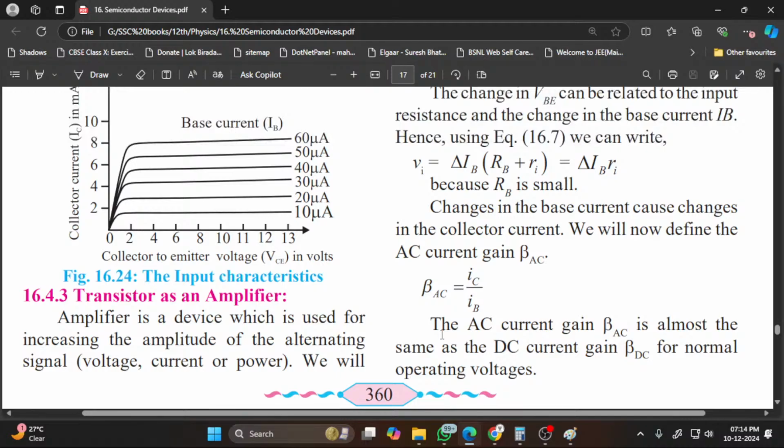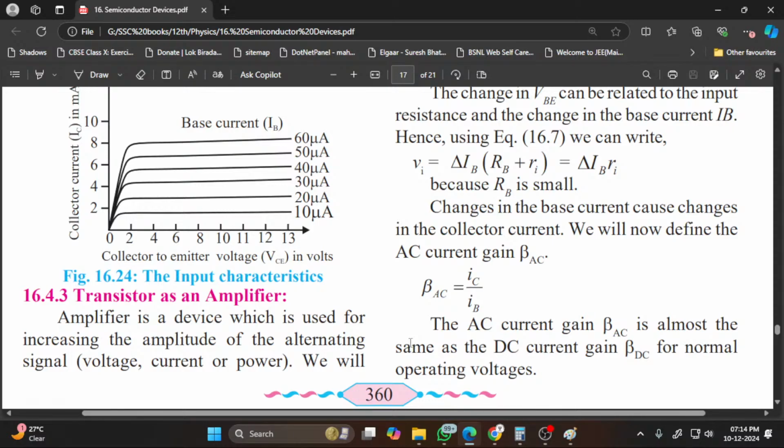Amplifier is a device which is used for increasing the amplitude of alternate signal. That means we give the input and that input is small in magnitude, and for that small input we get a large output.